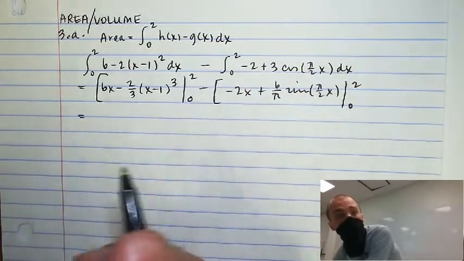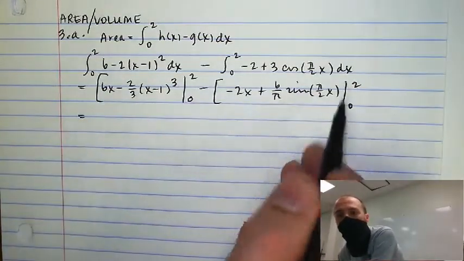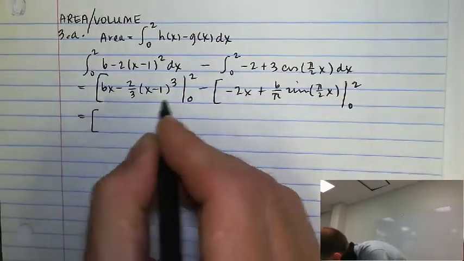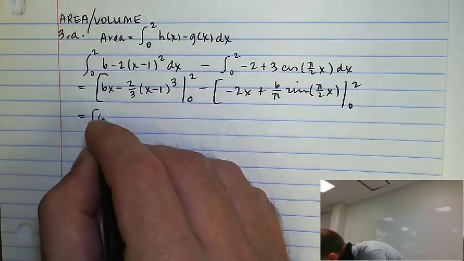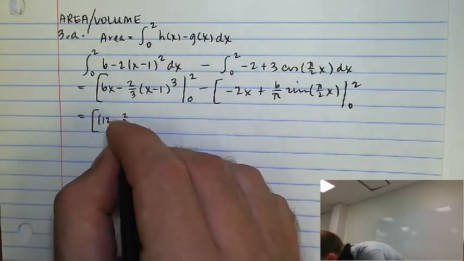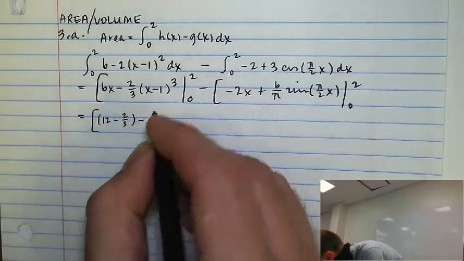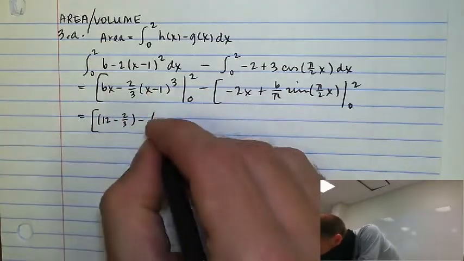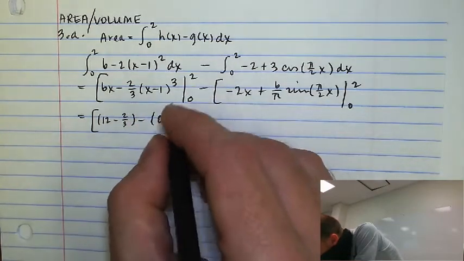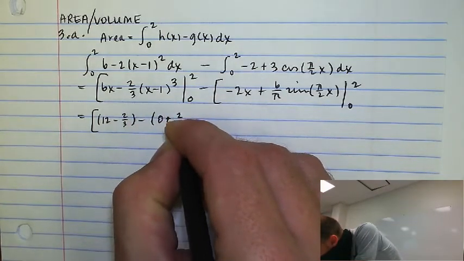And this is going to be where I'm going to be able to stop, right? As soon as I plug in the 2's and the 0's over here, I've got myself a good answer, a safe place to stop. This would be 12 minus, when I plug in 2, that'd be 12 minus 2/3. Minus, when I plug in 0, I'll have 0 minus 2/3 times negative 1, so maybe that'll be plus 2/3.